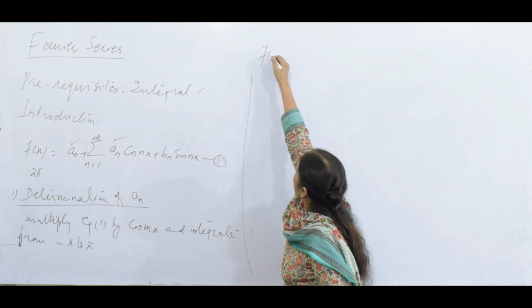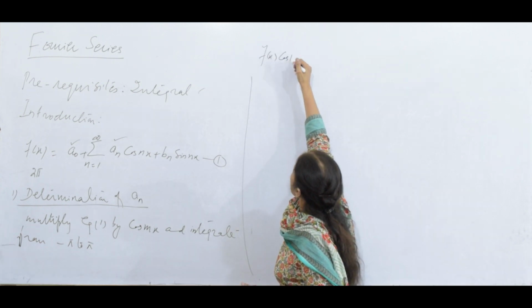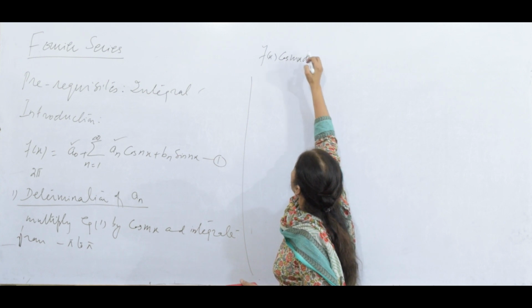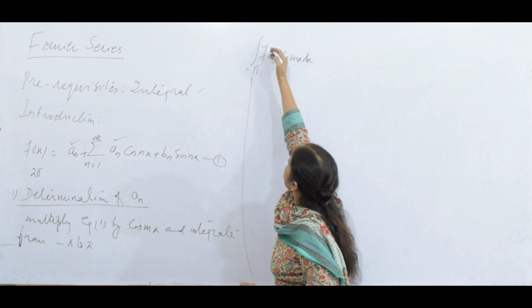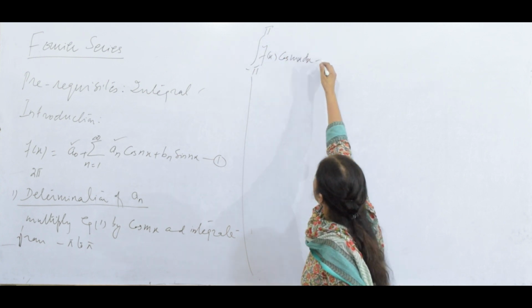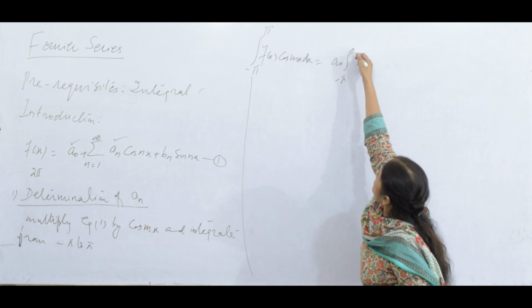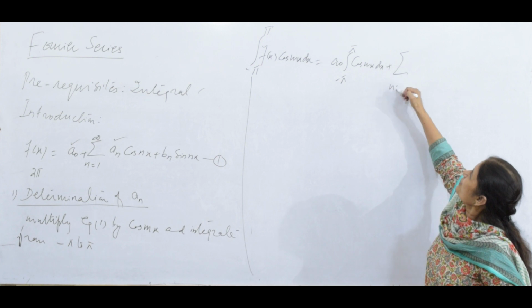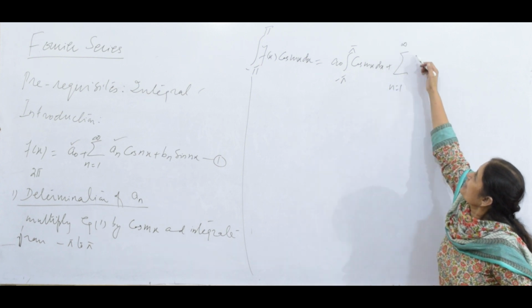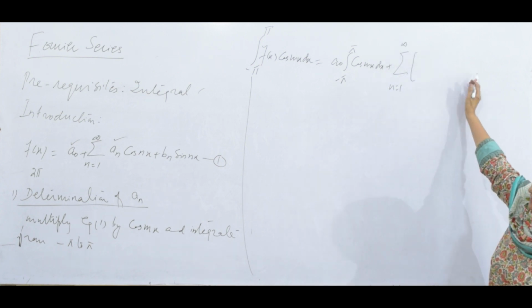I am multiplying with cos mx dx, and integrating from minus pi to pi, equal to a naught, which is taken out, times the integral from minus pi to pi, plus the sum for n equal to 1 to infinity. This is the bracket I have.